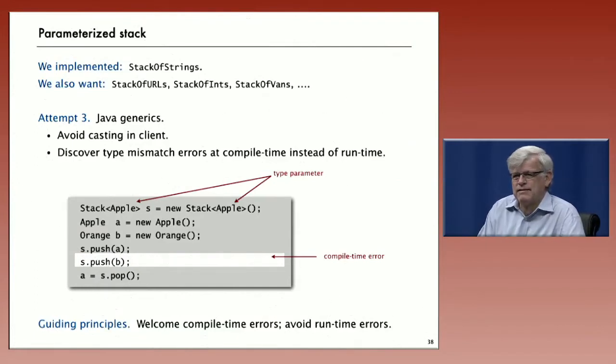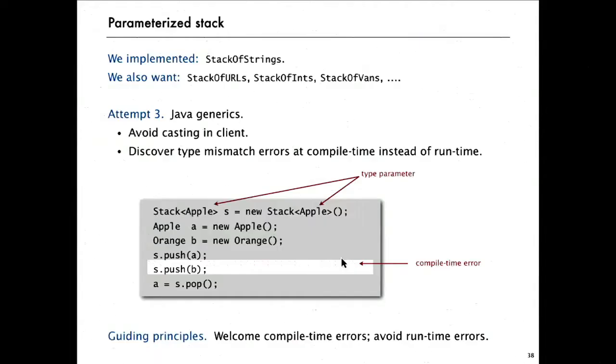So the third attempt that we're going to talk about uses generics. And that way, the client code doesn't do casting. We can discover mistakes in type mismatches at compile time instead of at runtime. So with generics, we can have a type parameter on our class, and that's inside angle brackets in this code.